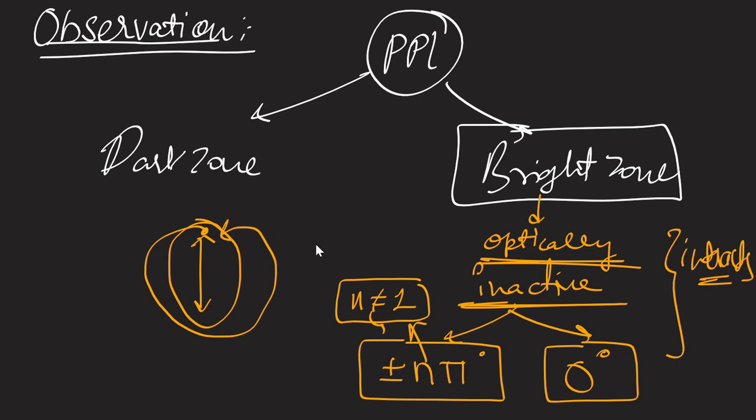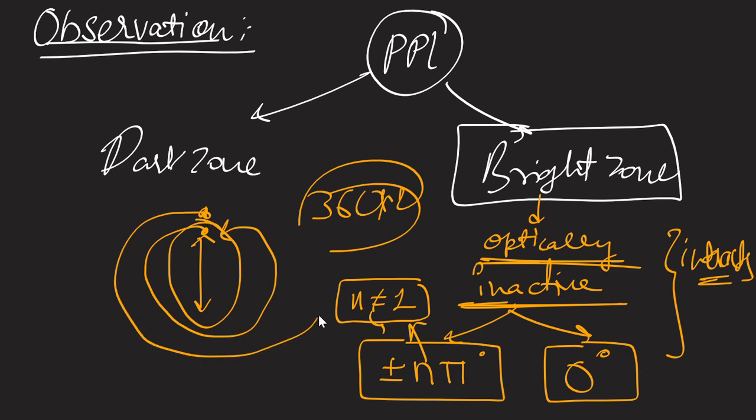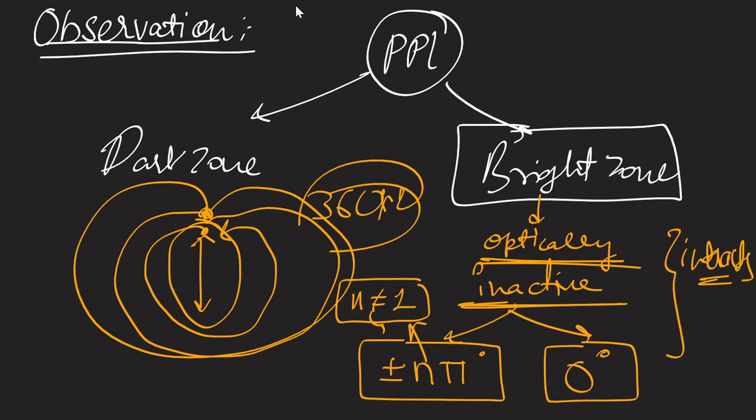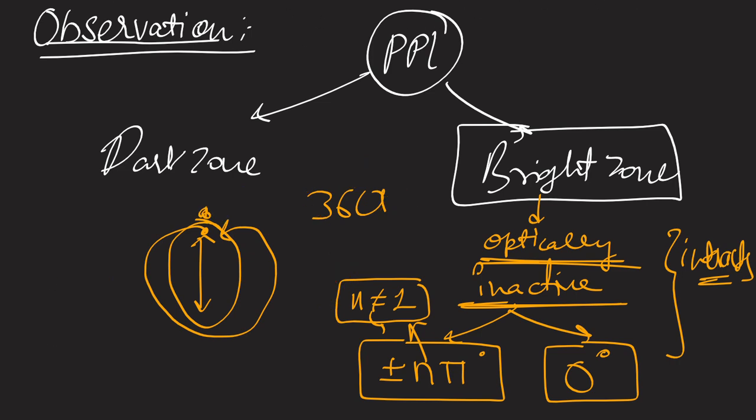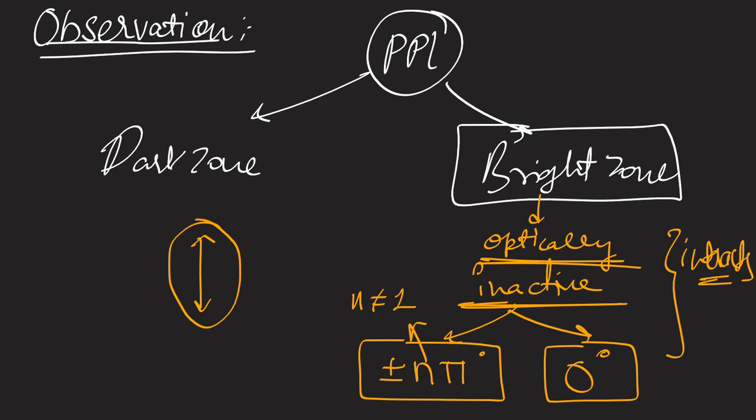So I will not see any change. It will be at the same position again. Or if I do 360 twice, 720 degree, it will go around once, then again twice. We will observe that. So that's why.